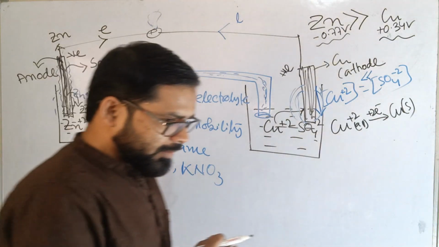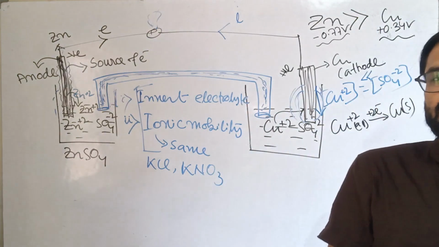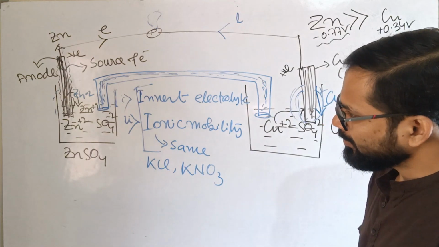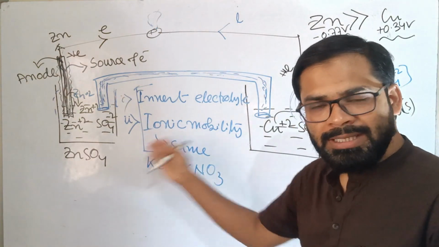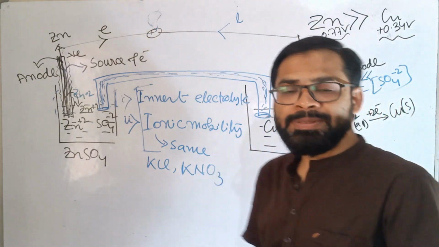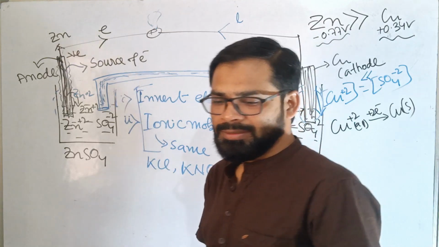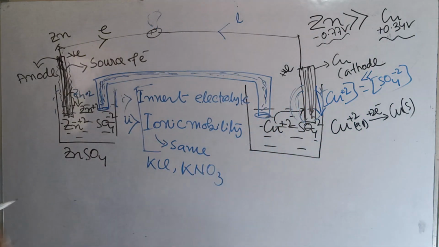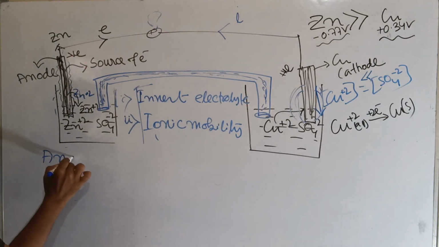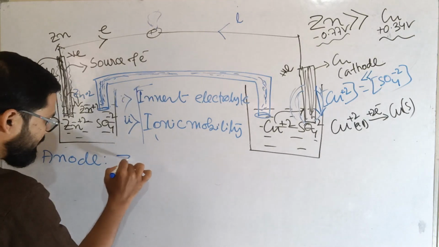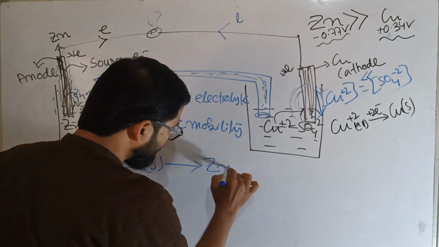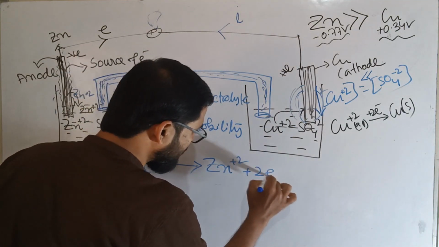Now we have to understand the individual reactions: anode reaction, cathode reaction, then net reaction. Then we have to learn the representation of the galvanic cell. So if we see here, this is the anode. The anode reaction is Zn solid to Zn+2 plus 2 electrons.